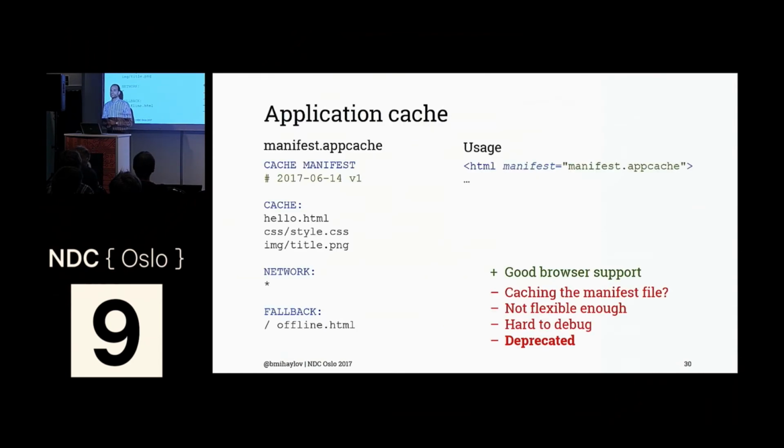One of the first mechanisms that came, it's called application cache. The idea here is that we have a file called the manifest file, and in this file we could define how and which part of our website is being cached.